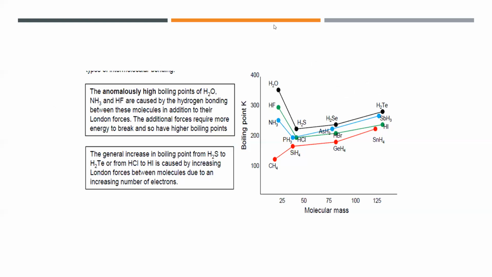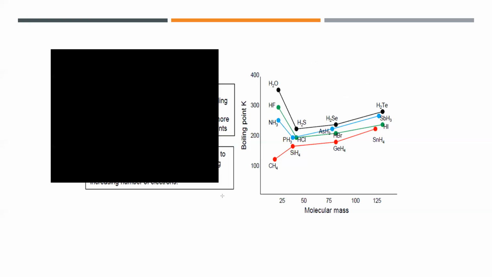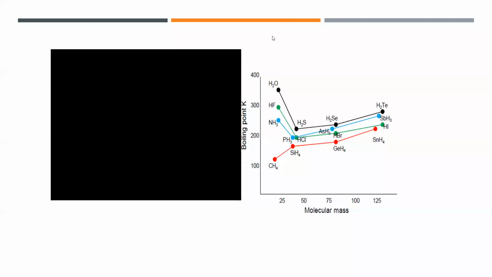The similar pattern you can see in the case of group 5 hydrides, which include ammonia, then phosphorus hydride, then arsenic.